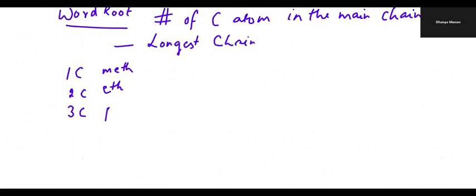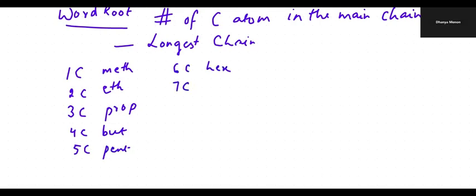If it is 4 carbons, but. 5 carbons, pent. 6 carbons, hex. 7 carbons, hept. 8 carbons, oct. 9 carbons, non. 10 carbons, dec.